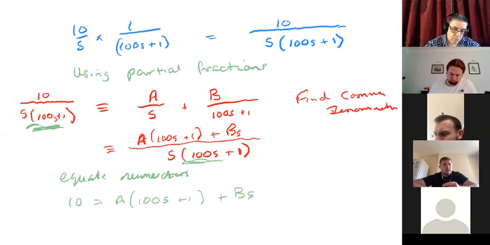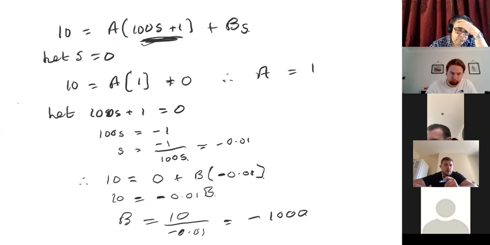Yeah, it should be 10. That's when you did the equate numerators. 10 is equal to A times 1. So A is not equal to 1, it's equal to 10. See that, Peter?